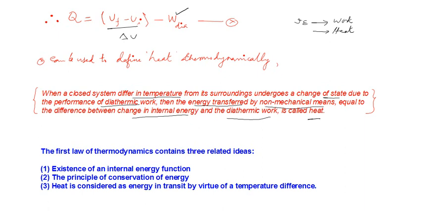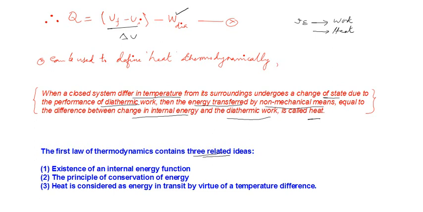So to conclude, we can say that the first law of thermodynamics contains three related ideas. First of all, the law defines, or predicts, the existence of an internal energy function.